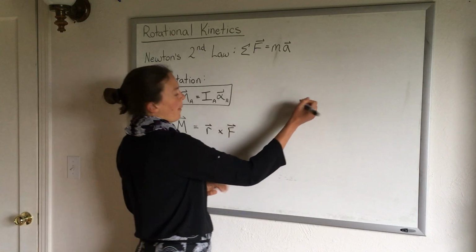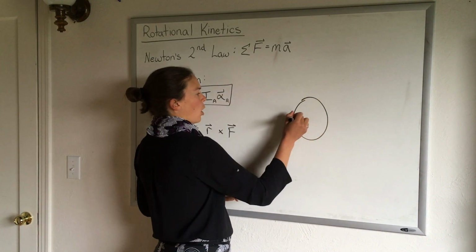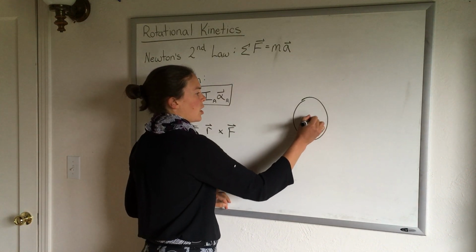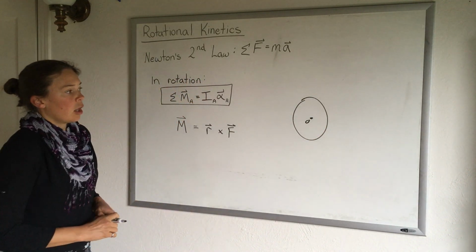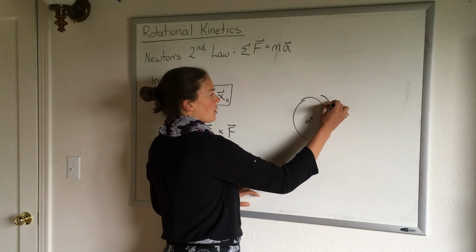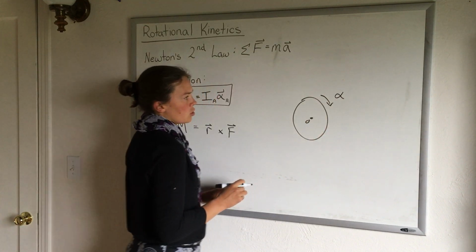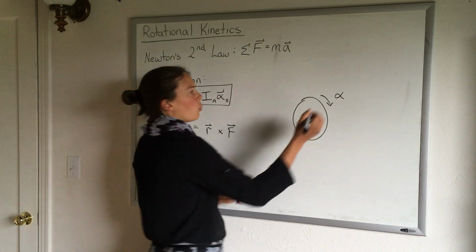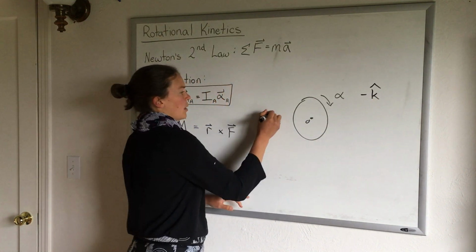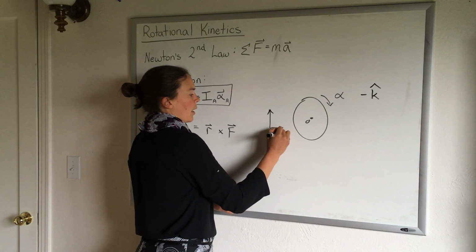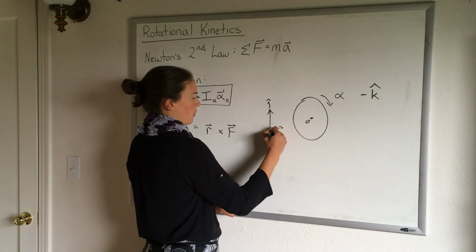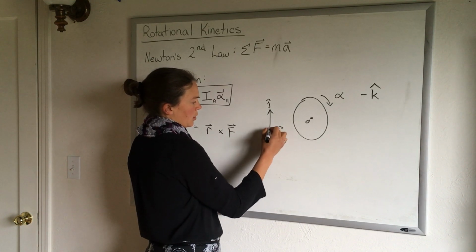If you have some object, let's just say a random generic wheel that's rotating about, let's say, its center, we have, as a vector, some angular acceleration alpha. This alpha in particular will be in the negative k hat direction, if I have my i and j in the normal directions and k is coming out of the board at us.